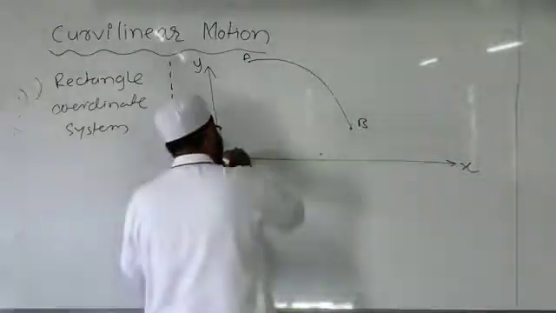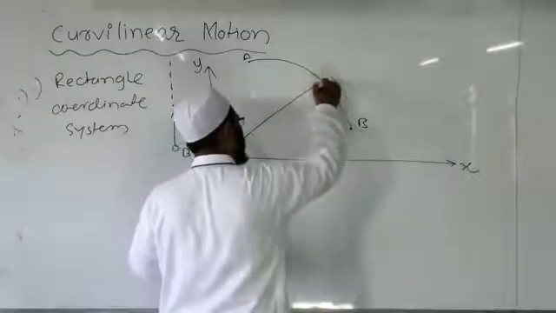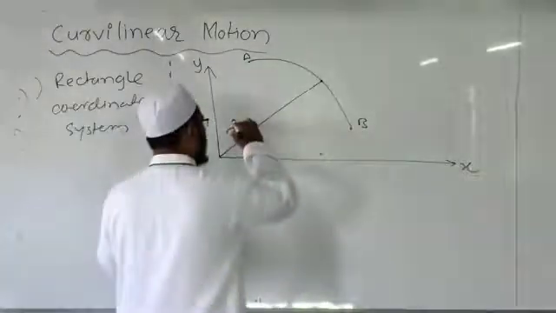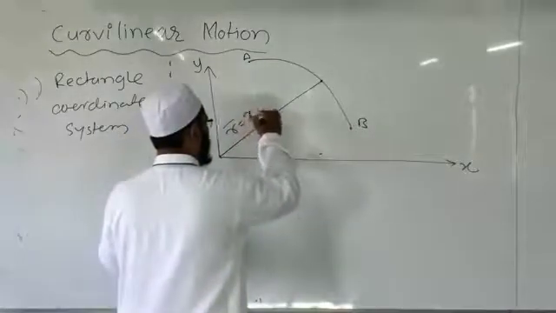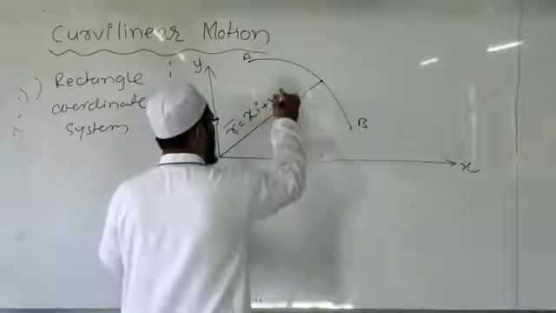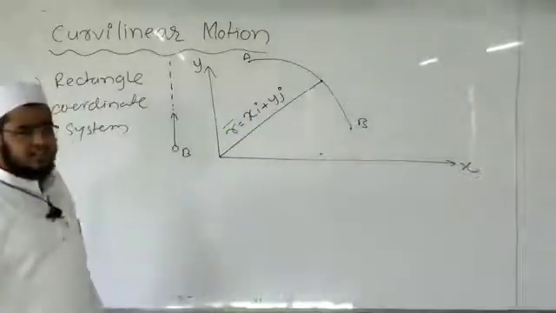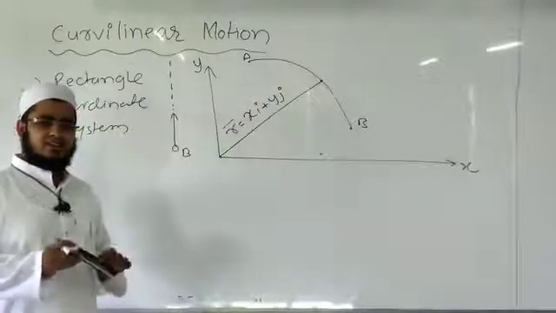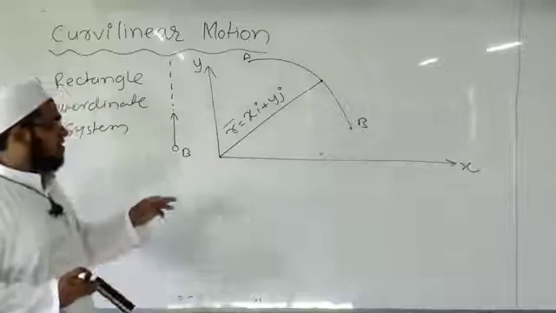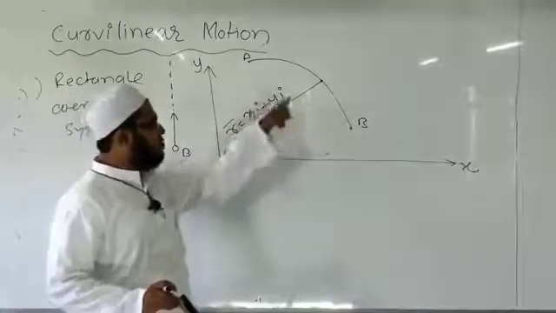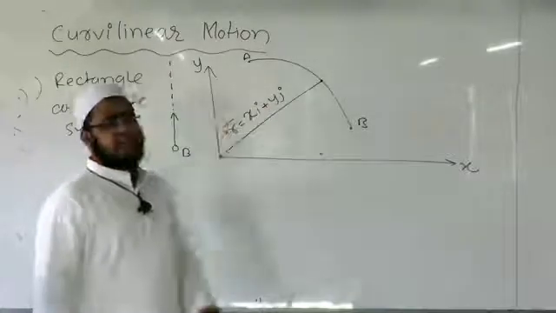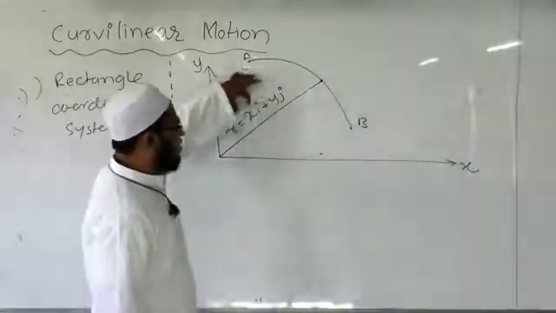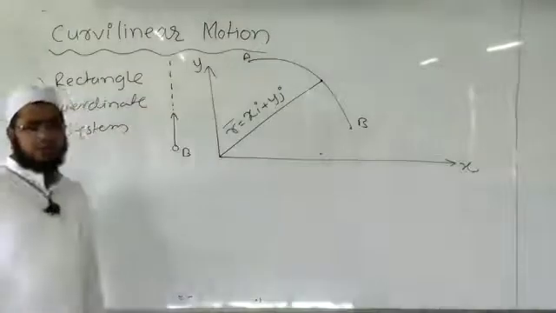So the position of this particle can be described with the help of the position vector r bar equal to xi plus yj, where i and j are unit vectors in x and y direction respectively, and x and y are the coordinates. We already learned vectors in earlier classes.